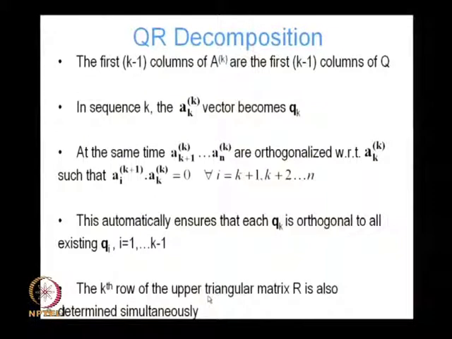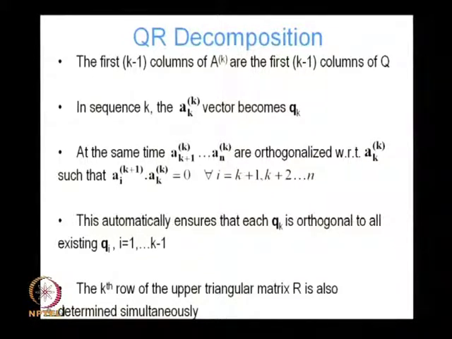How are we going to do that? Well, we are going to do that by taking out the projection of Akk, which becomes Qk, from all these remaining vectors. So, at the same time that we make the vector Akk into Qk, we orthogonalize Ak plus 1 through An with respect to Akk, such that Ak plus 1 dotted with Akk is equal to 0.